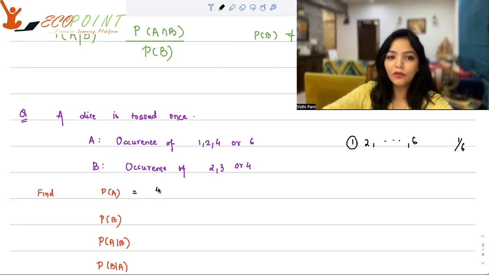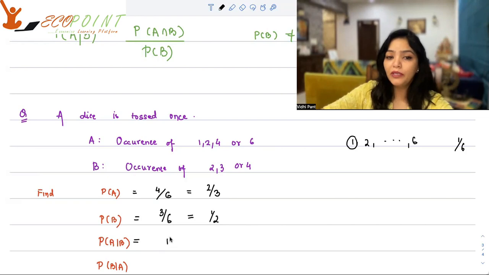So we're talking about any 4 of them can come over the total number possible is 6 outcomes. So 4 outcomes upon 6 outcomes, that means it is 2 upon 3. What about probability B? There are 3 outcomes that you can see here. 2, 3, or 4. So these 3 outcomes out of the total 6 outcomes can occur. So half is the probability.